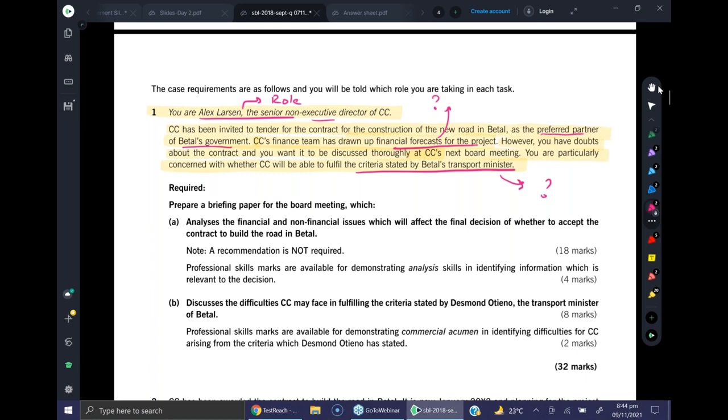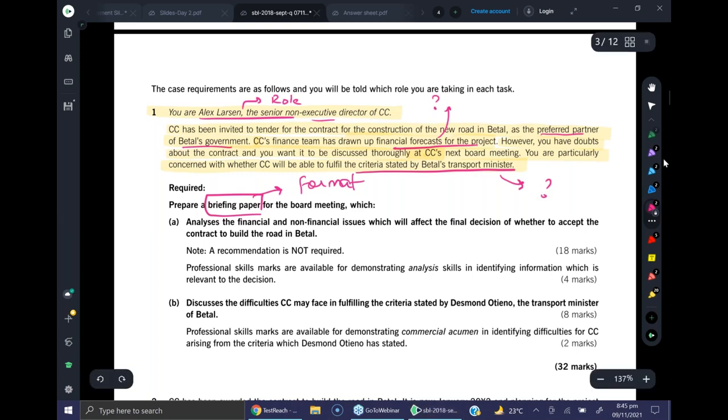Okay, what are we supposed to do? We have to prepare briefing paper. So that is my format. What happens if I do not follow this format of briefing paper? Do you lose marks?